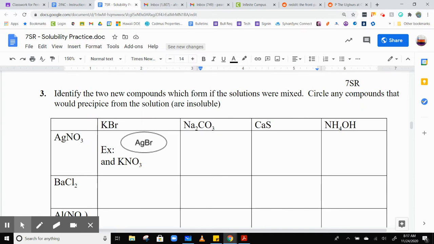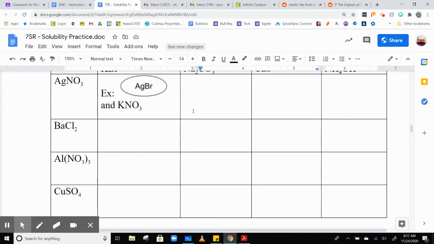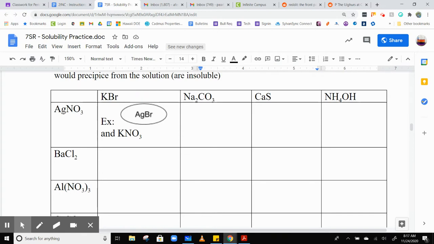At the bottom here, you're identifying two new compounds which form if the solutions were mixed. So what you're doing, if you have AgNO3 and KBr, those two match up right here. You're having a double replacement reaction.